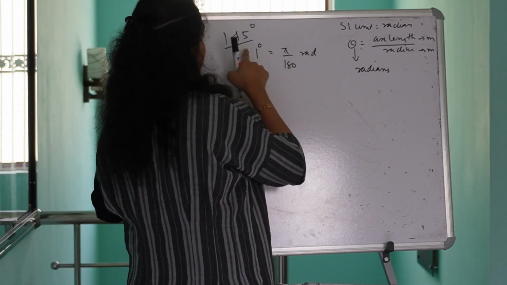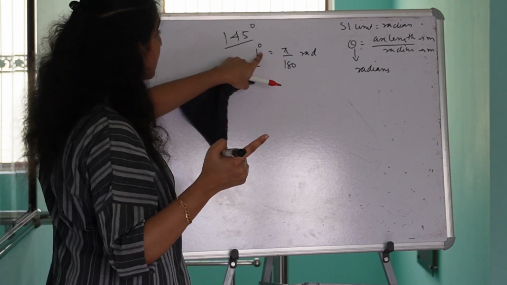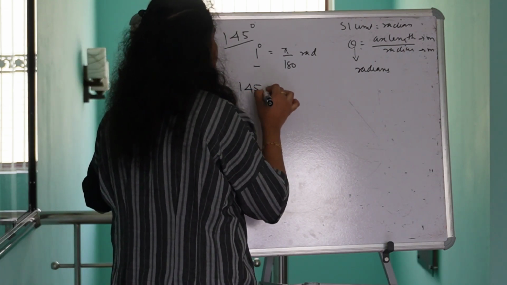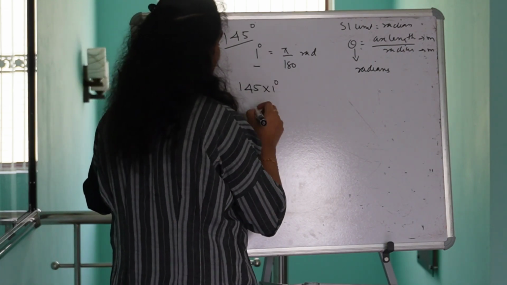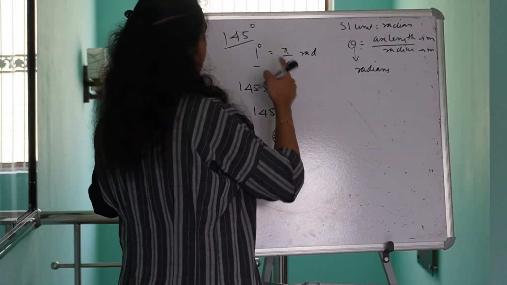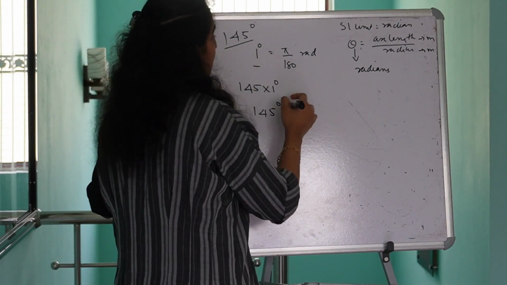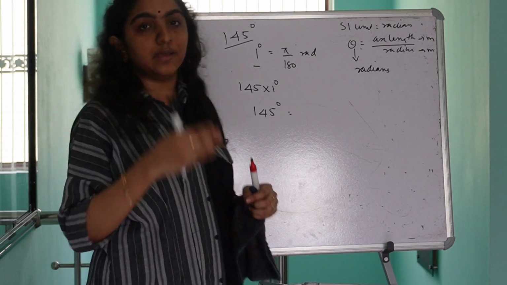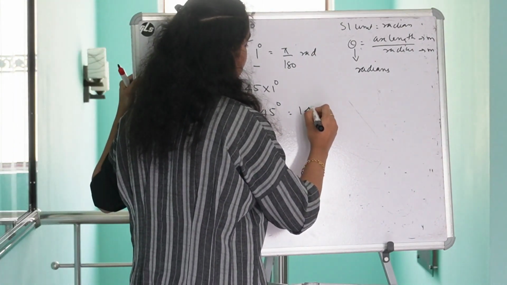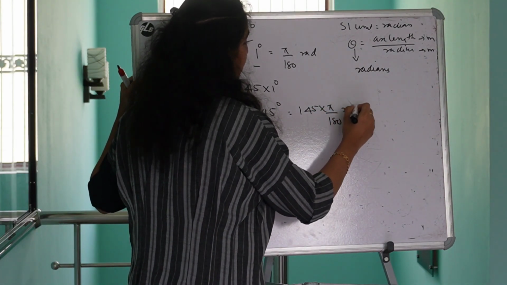To make this 1 degree into 145 degree, we simply multiply 1 degree by 145. Since I am multiplying 145 on the left side of the equation, I have to perform the same operation on the right side. So that is equal to 145 into pi divided by 180 radian.